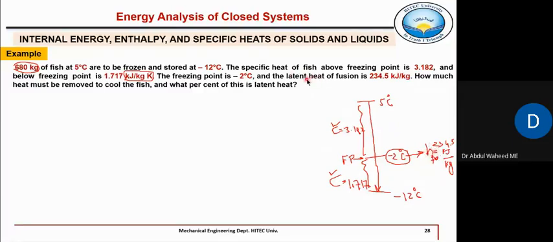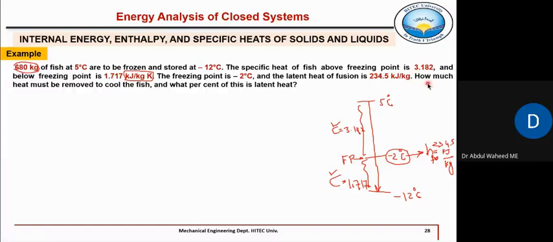It is not sensible heat. So now there are two sensible parts: from 5 degrees Celsius to minus 2 degrees Celsius, and then from minus 2 to minus 12, there is another sensible heat part. And at minus 2 degrees Celsius, there is a latent heat part. So two sensible heat transfers and one latent heat transfer when the fish is changing phase.